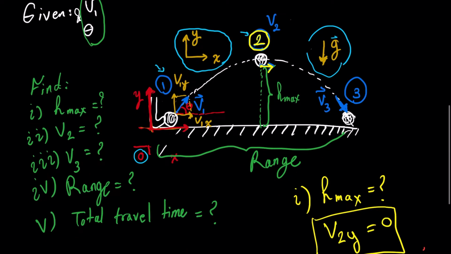So at this height, while the y component of the velocity initially was up, it kept decreasing because you had gravity working against the object, weighing it down, and that velocity vector goes to 0. So v2y equals 0.